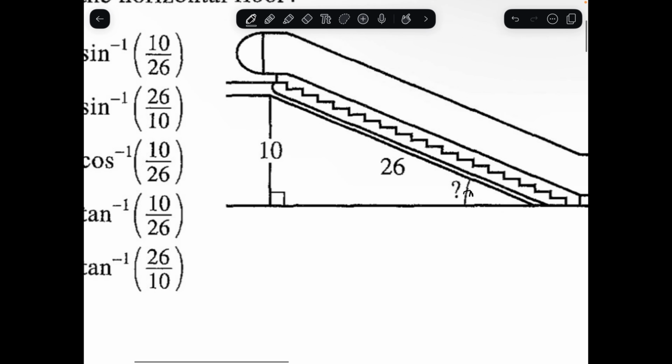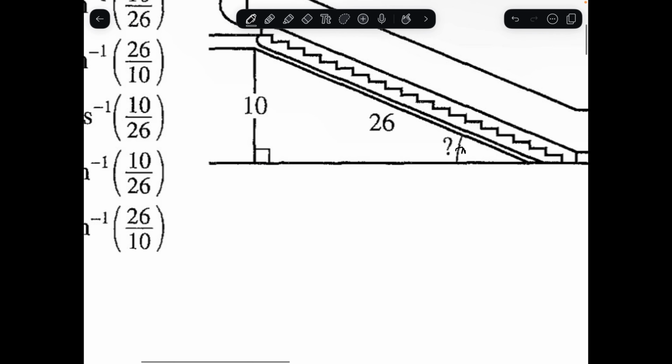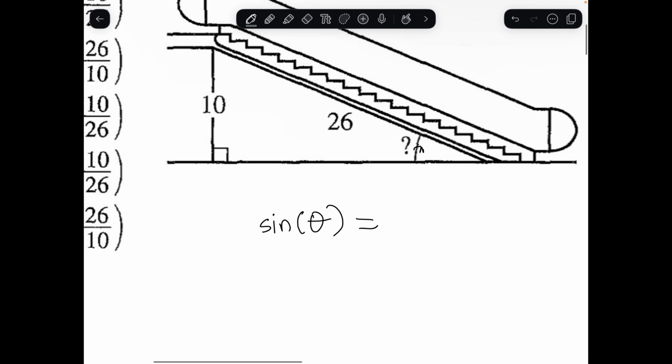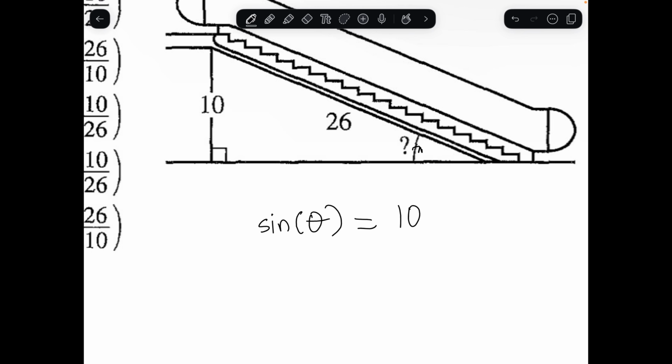So the thing to notice is that if we were to take the sine of this angle, let's call the angle theta, sine of theta, that would equal 10, right? The side opposite from this angle is 10, over the hypotenuse, which is 26. So sine theta equals 10 over 26.